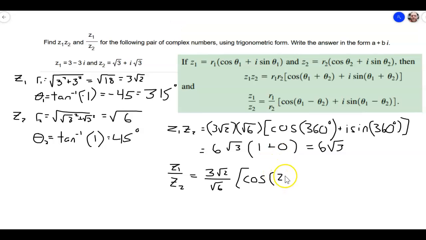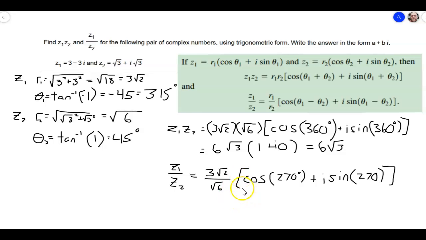So the cosine of 270 plus I times the sine of 270. I think I forgot the I out there, but that just zeroes out, so we don't have to worry about that. And then we're going to pretty much be doing the same thing.